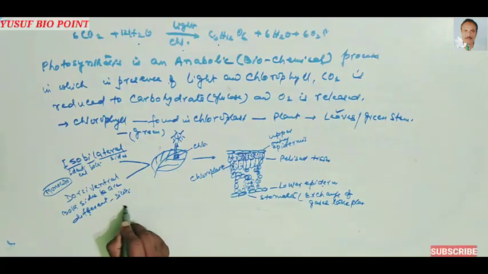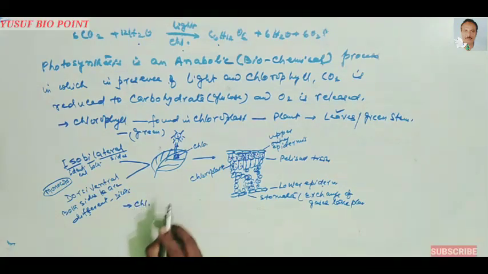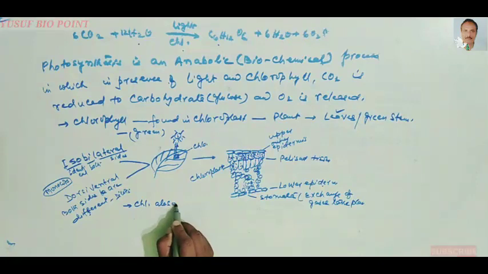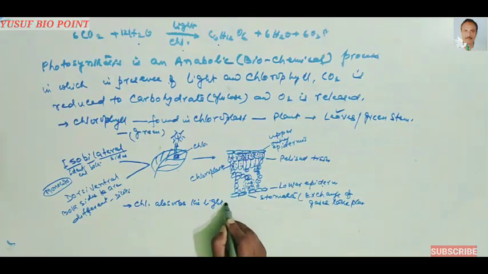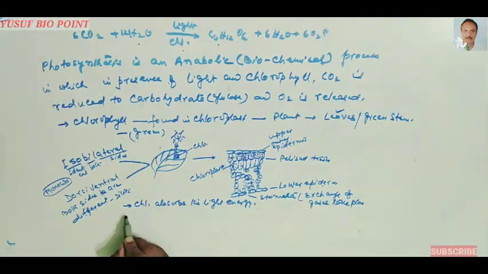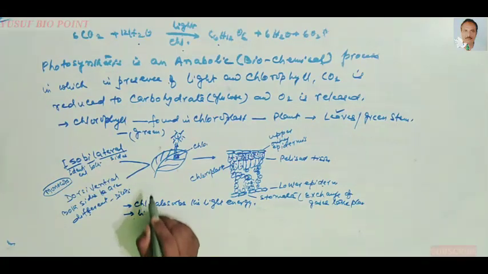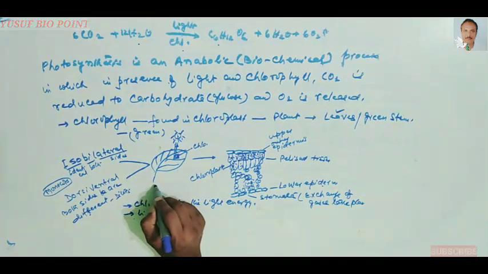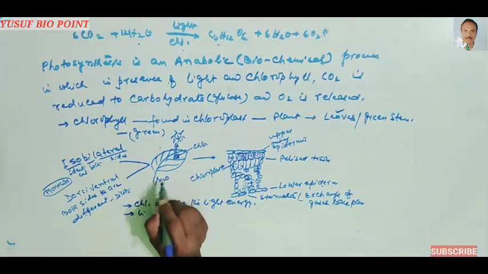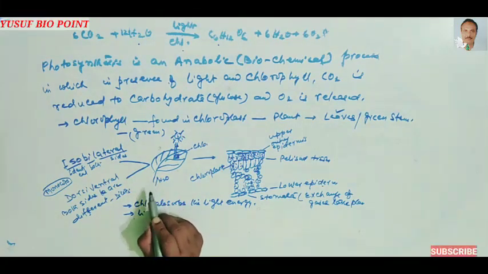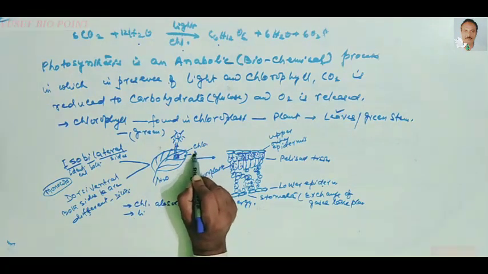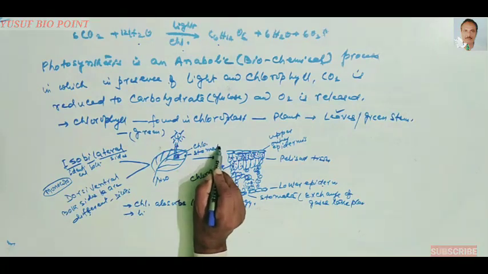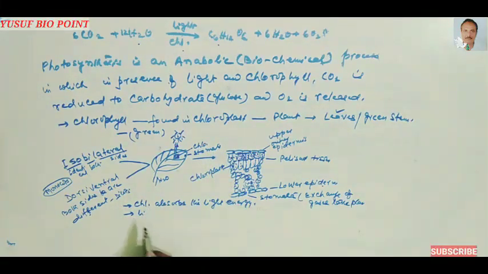First, chlorophyll absorbs the light energy. And one thing, from the root the H2O goes to the plant. Understand? And suppose this is the stomata through which gas enters.